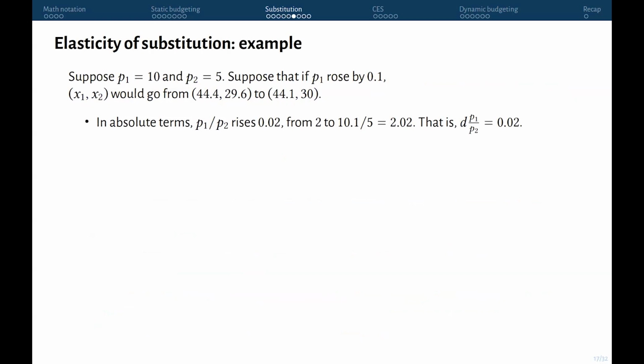I don't know how much detail we have to go into with this example, but let's say good one is twice as expensive, and its price rises by 1%.